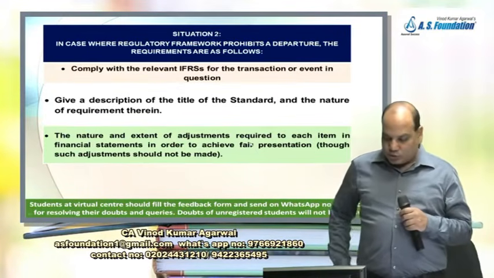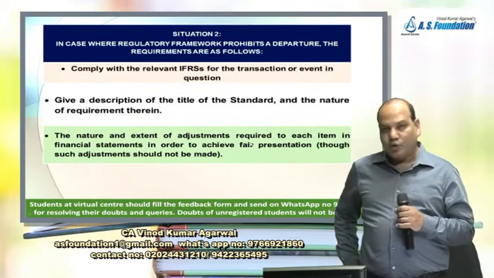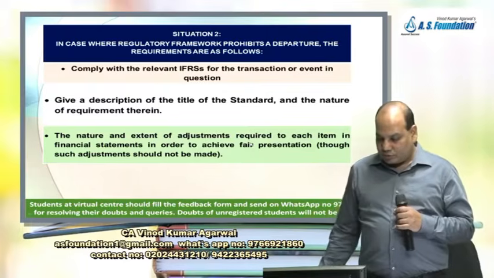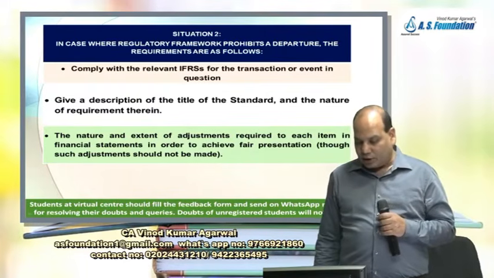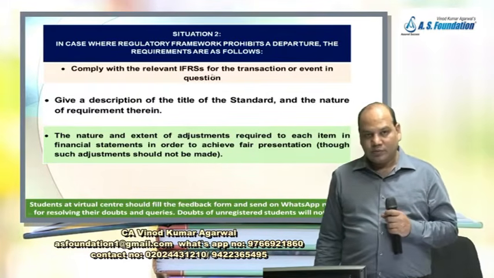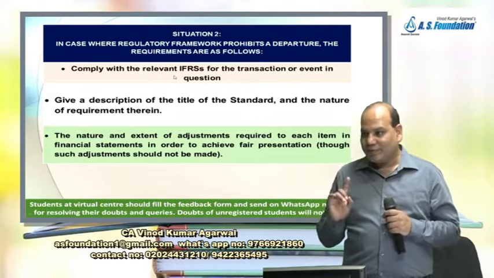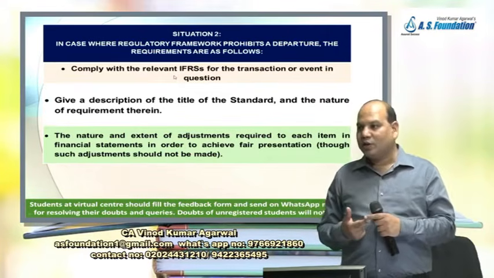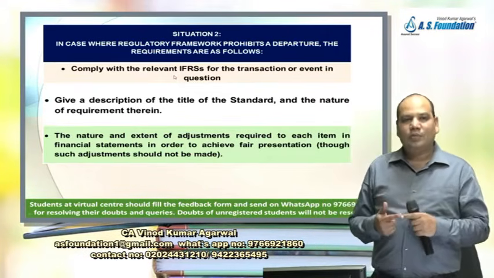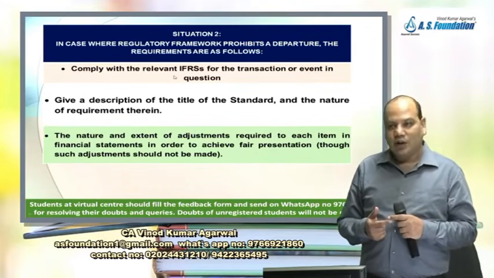Now, there is a situation too where the regulatory framework prohibits departure. Then what the entity will do is comply with the relevant IFRS for the transaction or event in question. That means do not deviate. Do not deviate while preparing the statement of financial position, statement of profit and loss, and statement of cash flow.